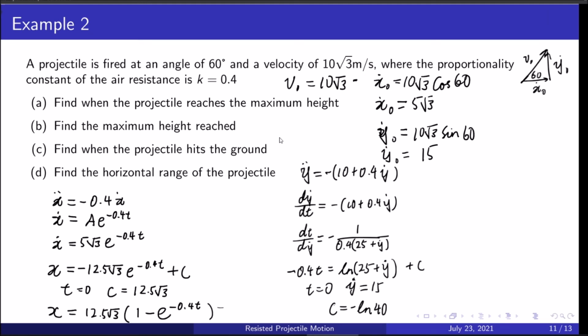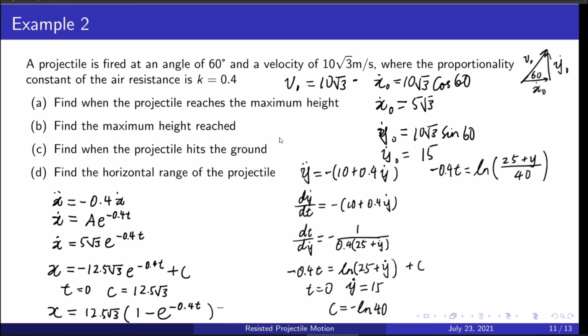Okay, so if we arrange everything together, we will end up with negative 0.4 t equals log((25 plus y dot) over 40).